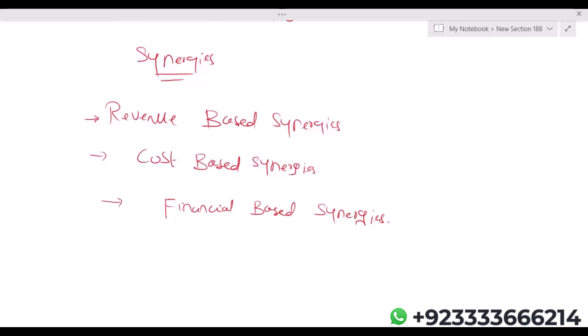So that is financial-based synergies. In fact, let's say APLC has acquired BPLC as well as CPLC. The bigger the group is, there is also a possibility that most of the time finance could be arranged within the group. That is financial-based synergies. So the main reason of merger is to get the synergistic benefit.